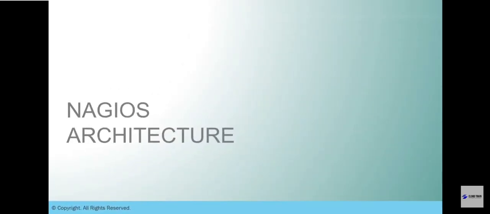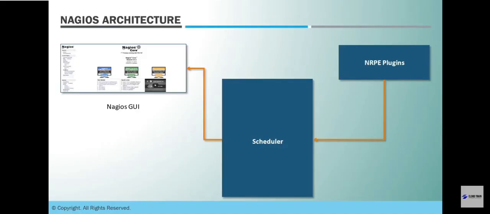Let's talk about Nagios architecture, how it organizes your IT components in order to get continuously monitored. The slide shows a very typical Nagios architecture in a summarized way. Here, Nagios provides us a GUI, a graphical user interface, from where we can monitor all the devices integrated with Nagios.